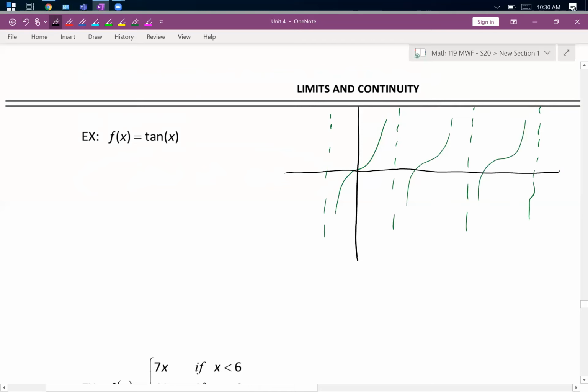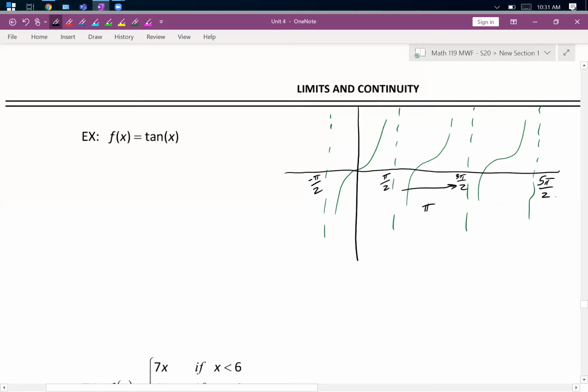What's the period for tangent? Right, pi. So this is going to be pi over 2 here, and this is going to be negative pi over 2. And then the next asymptote is a distance of pi. So this is 3 pi over 2. And then the next one's at 5 pi over 2.